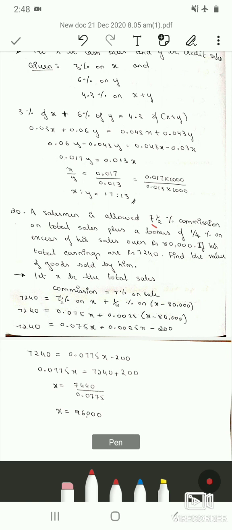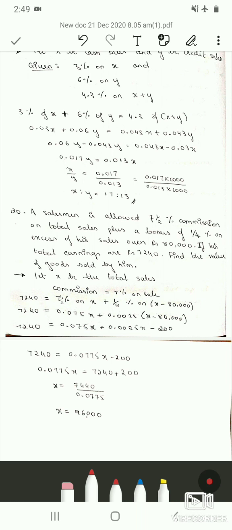Therefore commission is equal to 15/2 on x, plus they have also given a bonus, that is 1/4% on, we don't know what the total sale is, so x minus 80,000. Here they have said excess of a sale over rupees 80,000, so we have to subtract it from the total sale.